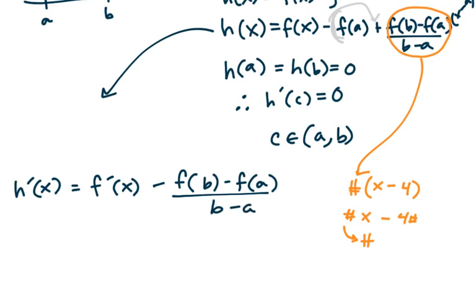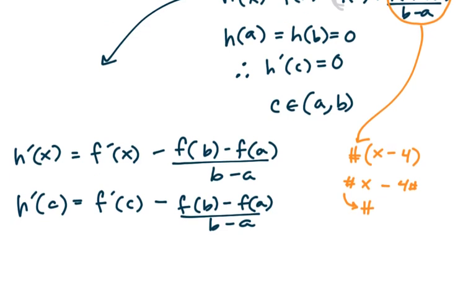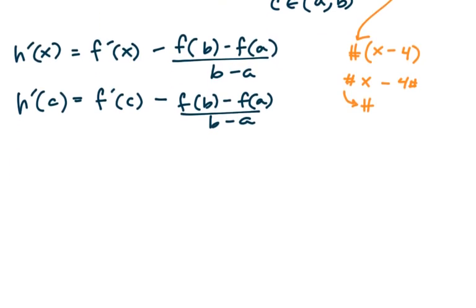So if we took this derivative, h prime of x, and we evaluate it at c, that gives me f prime of c minus f of b minus f of a over b minus a. And if we set this derivative h equal to 0 to try and solve, that lets us know if we have a max or min in between.